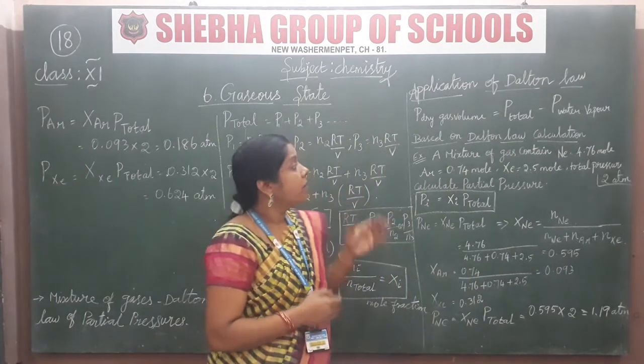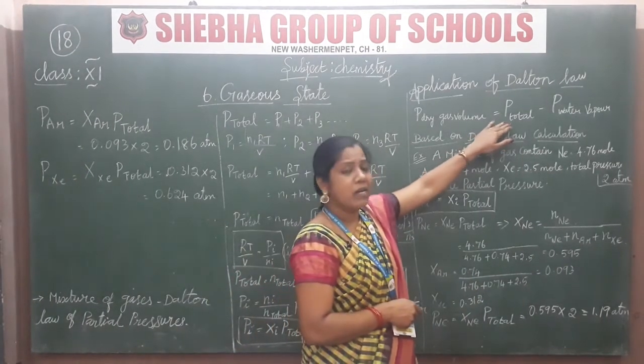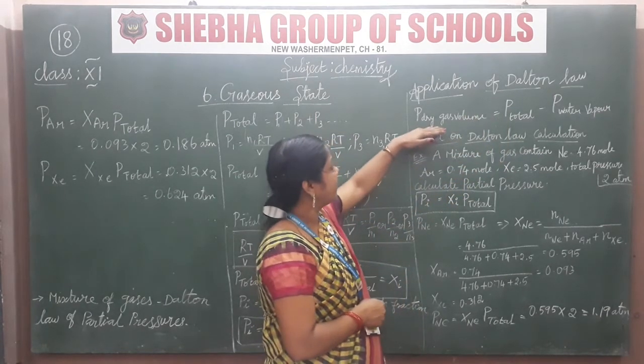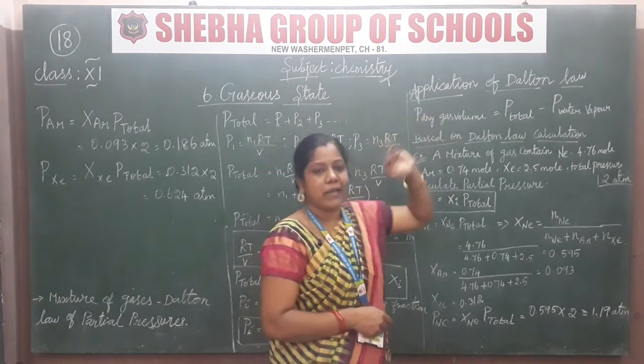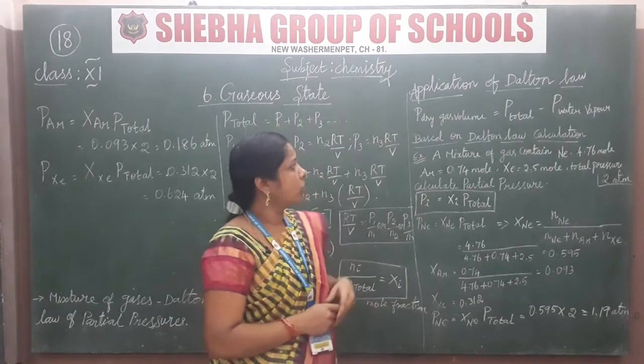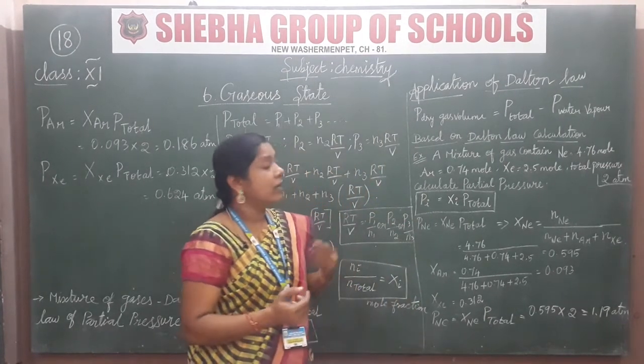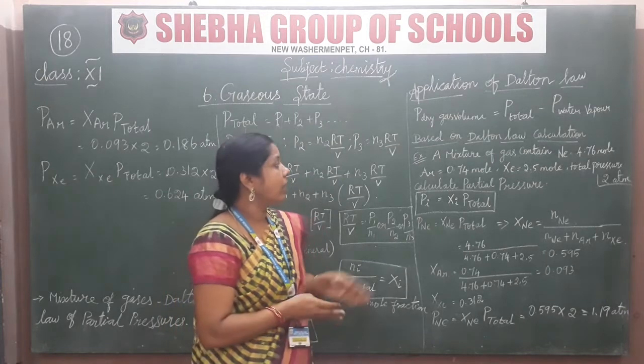If you subtract the water vapor pressure from the total pressure, you get the pressure of dry gas. That is the simple thing. This is one application of Dalton's law, and we go for calculations based on Dalton's law.